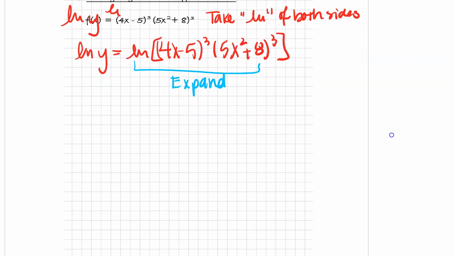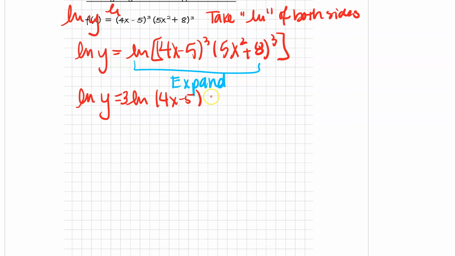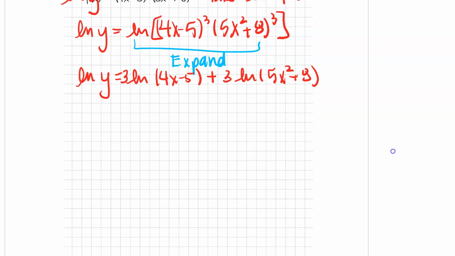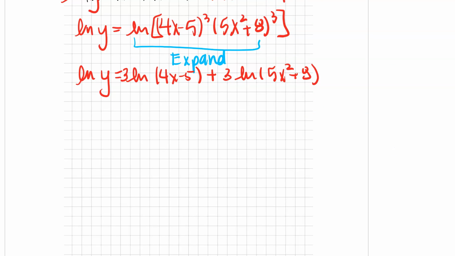So remember, your log properties: your exponents can come out front, you can separate out by addition your multiplication, etc. So this is going to give me ln y, notation's important here, and this is going to be 3 ln of 4x minus 5 plus 4 ln of 5x squared plus 8. Now, if you forget all your log property rules and you need some review, let me know. I can post that.